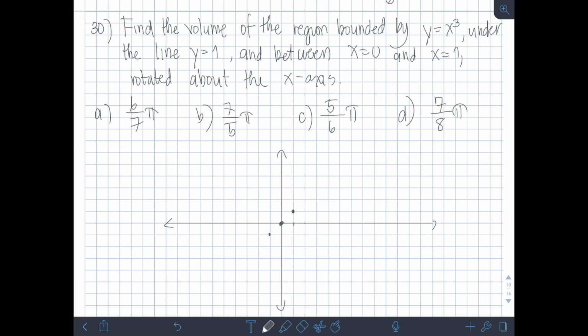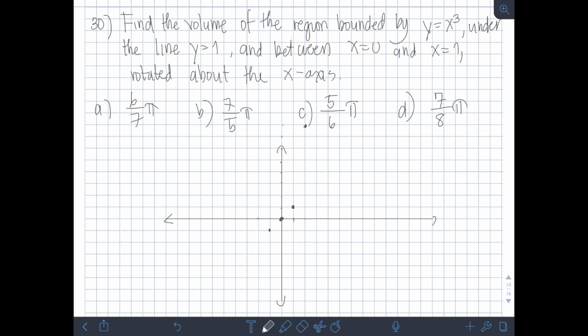So, 1, 2, 3, 4, 5, 6, 7, 8, around here. Then in the third quadrant, when x is equal to negative 2, y is equal to negative 8, because negative 2 cubed is negative 8. So, around here. So when we graph it, this is what it looks like.